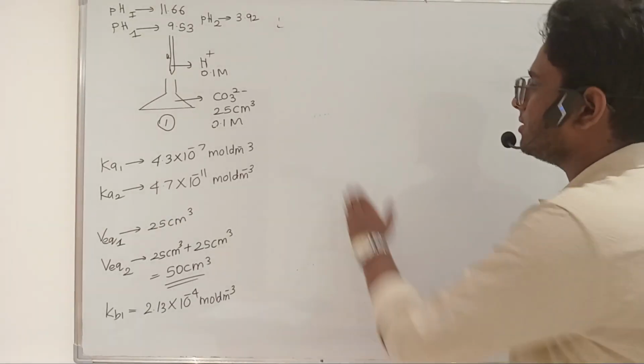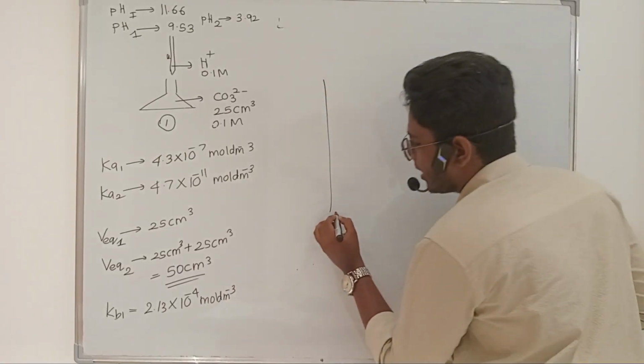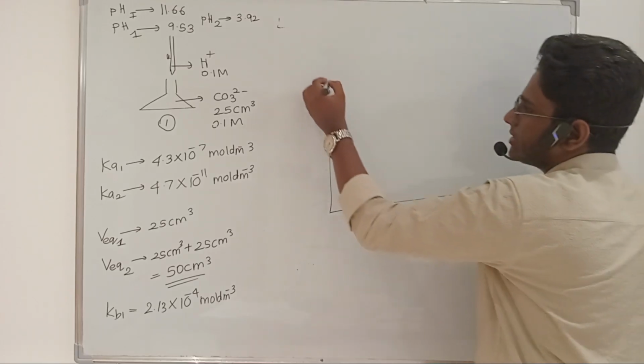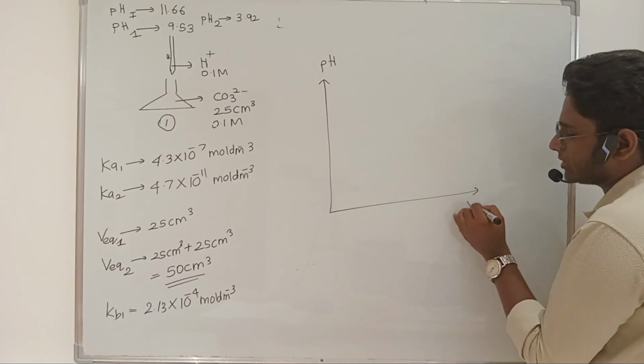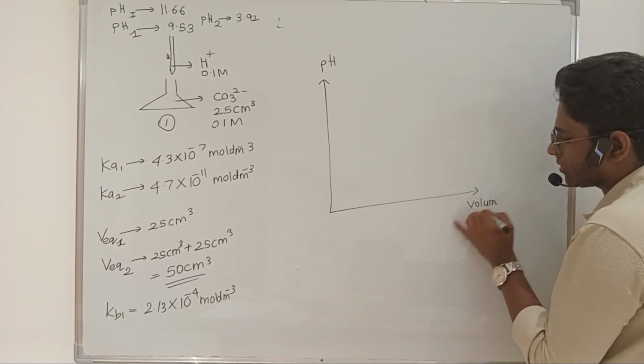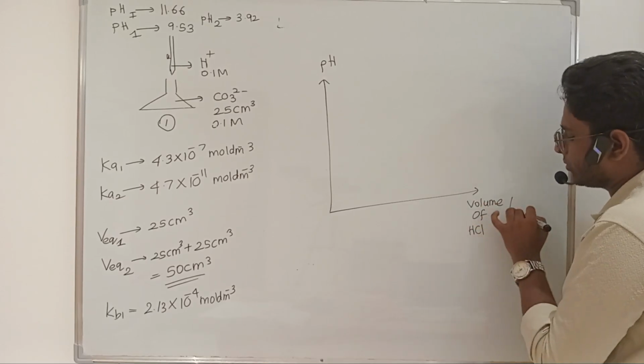The y-axis is the pH values, and the x-axis is the volume of HCl that is added, in cubic centimeters.